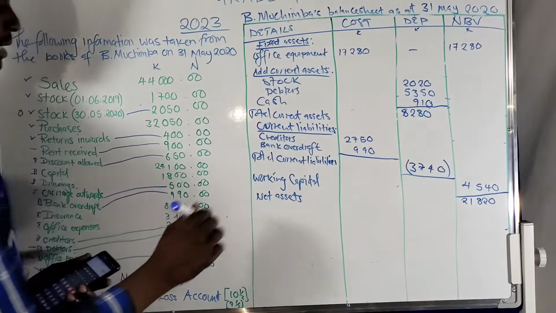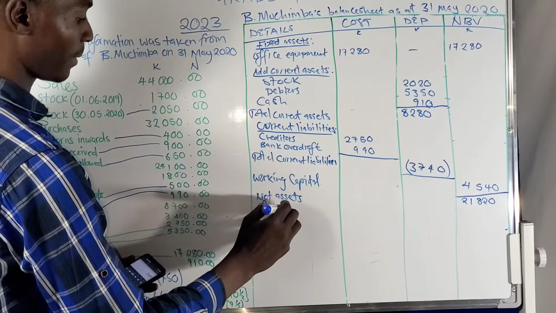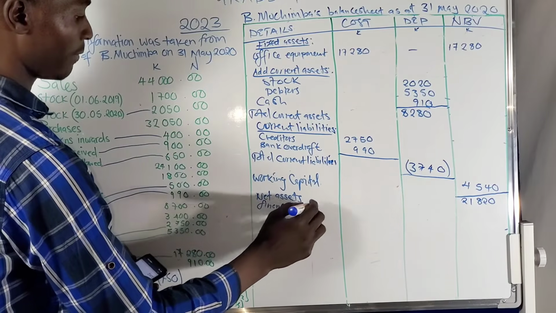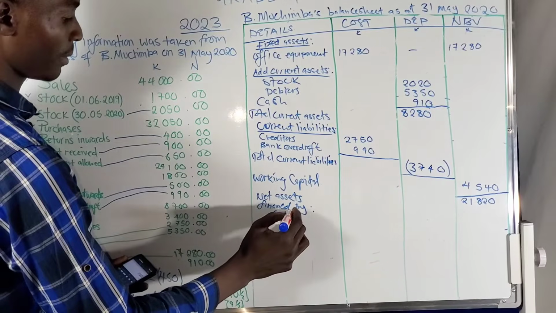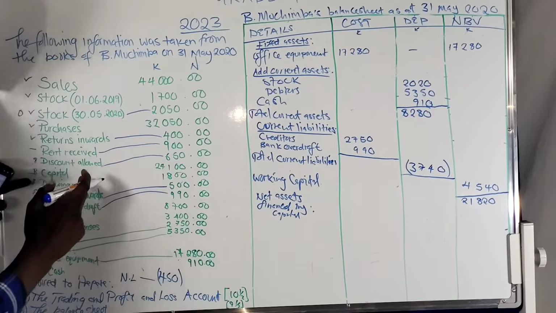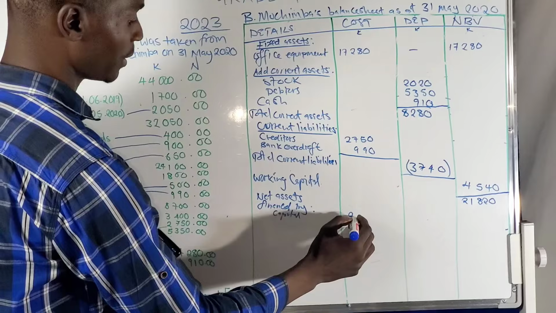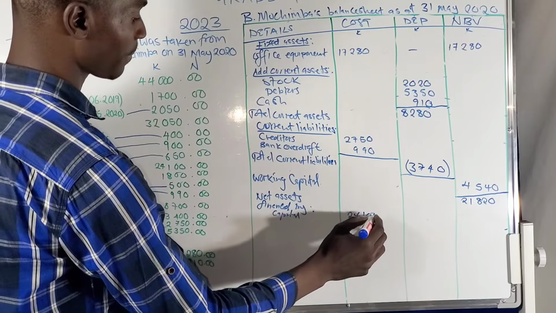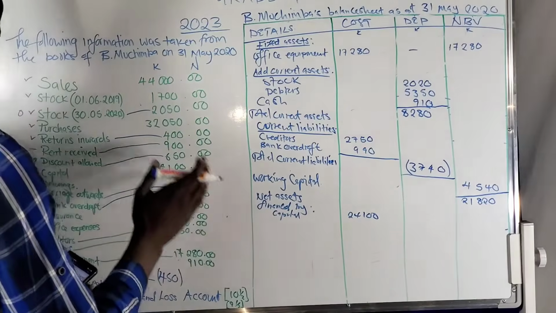Now the last part, we're going to say financed by capital. Our capital here is 24,100.